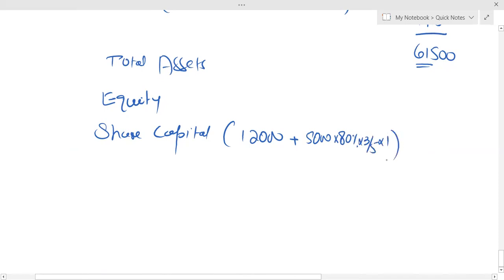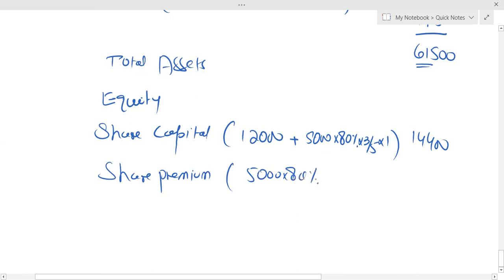You will get 2,400. So 14,400. Share premium. 5,000 into 80%. 3 by 5 into $4. Parent's share price at acquisition is $5. 1 is the par value, over and above is $4. That is representing the share premium. So we are getting 9,600.